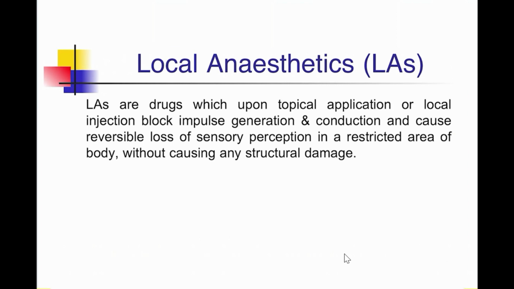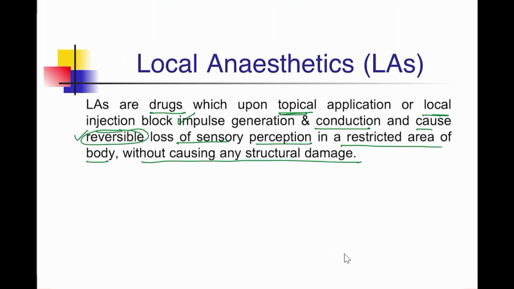So local anesthetic, what are these drugs? Earlier I gave the definition: they are the agents which cause numbness to an area, so that any surgery or any procedure can be done without the patient feeling any pain. Now, the proper definition: local anesthetics, upon topical or local injection, block the impulse generation and conduction and cause reversible, and this is very important, reversible loss of sensory perception in a restricted area of the body without causing any structural damage.